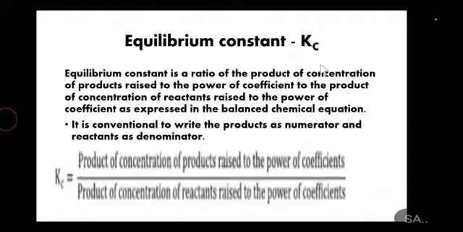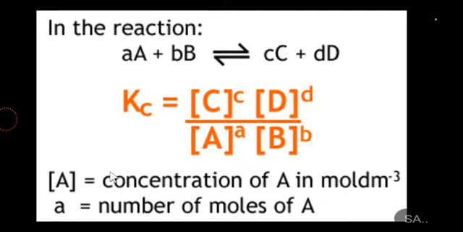So according to this expression of Kc, you will put them. Here the products are on the upper side while the reactants are on the lower side, while these small letters are representing their number of moles. Okay, while these are representing the concentration.